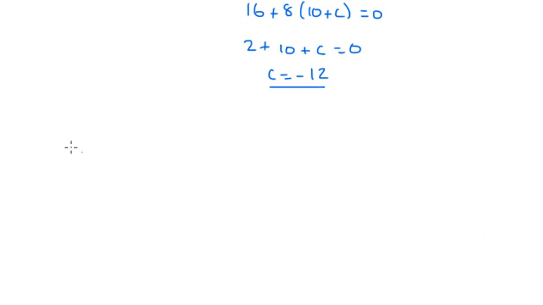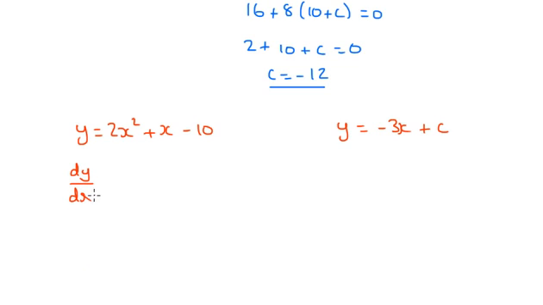So let's rewrite the question. We've got y equals 2x squared plus 8x take away 10. And we've also got y equals -3x plus c. Oops, 3x plus c. If we differentiate it, that will give us the gradient function.